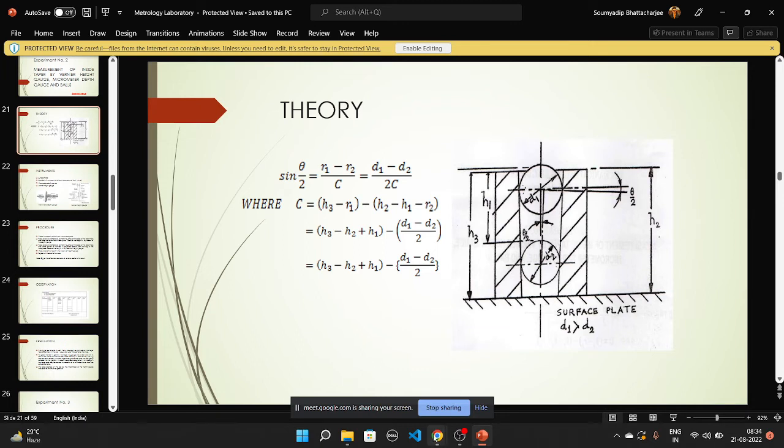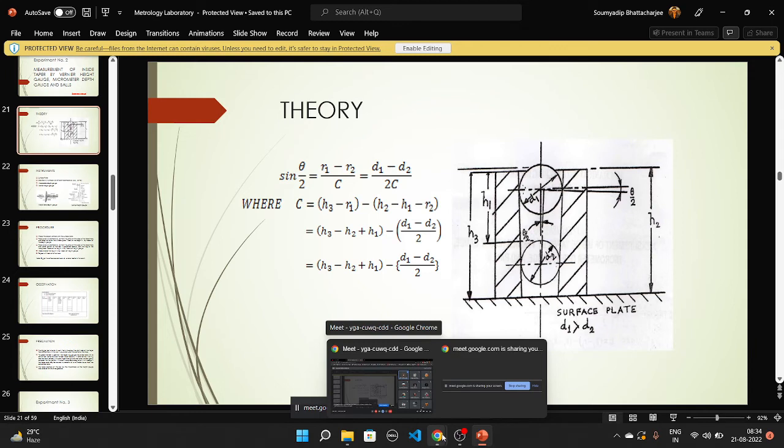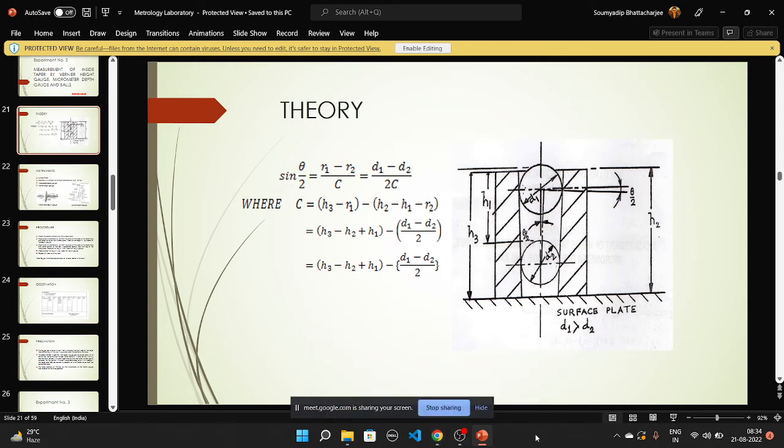So can you please draw it, Deepan, in your khata? Sir, one minute. H3 minus R1, you come to this point. H3 minus R1 minus X. X is from the surface plate to the center of the lower ball.